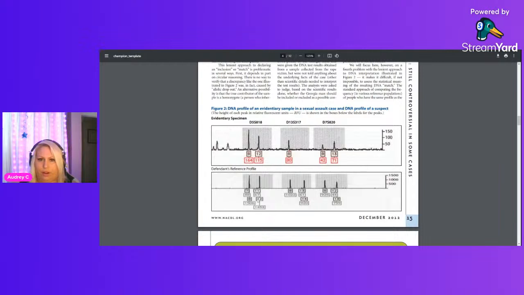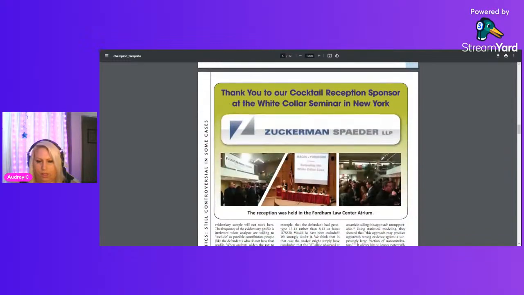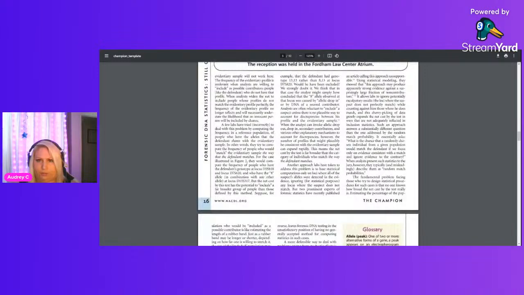I think that's very interesting. So 8,12. See, they're very similar, but they are not the same. So there's that. And then, analysts are often reluctant to exclude a suspect unless there is no plausible way to account for discrepancies between his profile and the evidentiary profile.